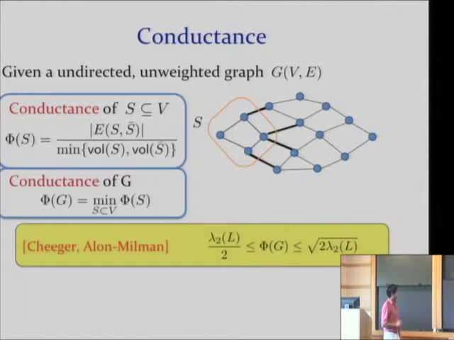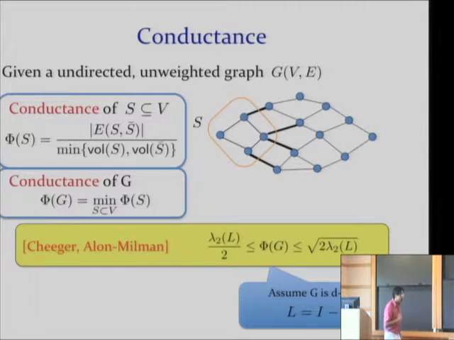The most fundamental connection, the first really important connection from algebraic quantities to graph conductance, was shown by Cheeger in the context of Riemann manifolds, and then in the discrete setting by Alon and Milman, which connected the conductance of the graph to the second eigenvalue of the Laplacian.